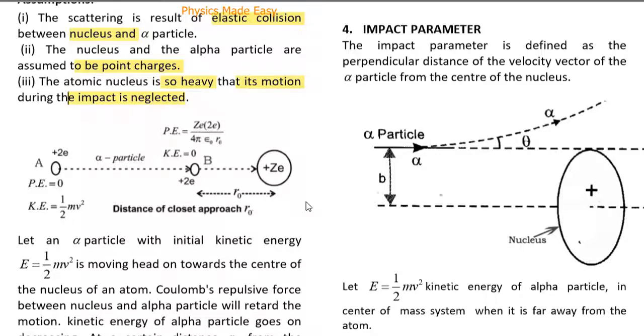Now, let us focus on this diagram. An alpha particle is a helium nucleus. It has a +2 charge.